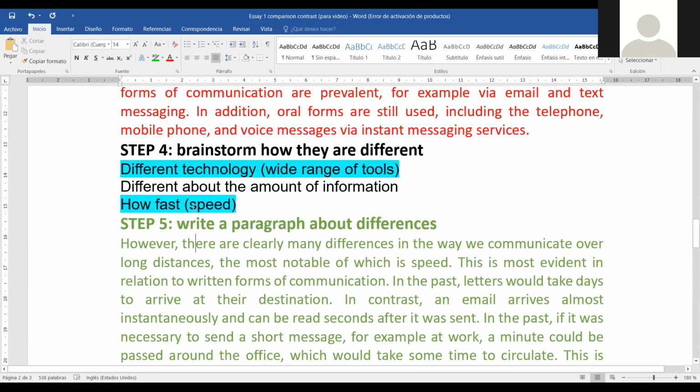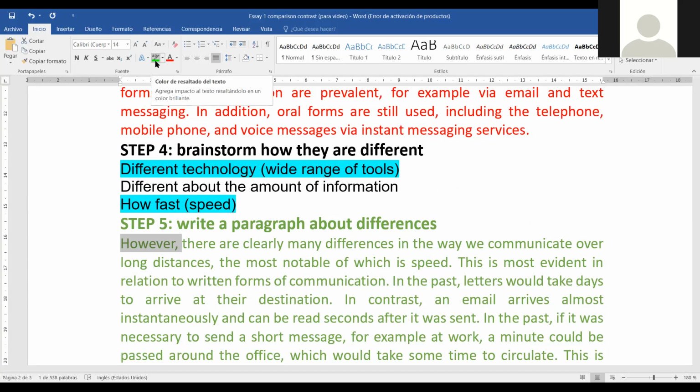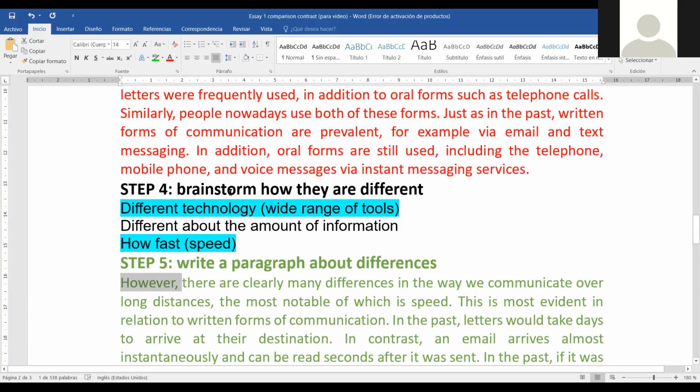Here, my connector, my transition would be however, which means on the other hand, the opposite, and I introduce my opposite paragraph with this thing that says however. However, there are clearly many differences in the way we communicate over long distances, the most notable of which is speed.